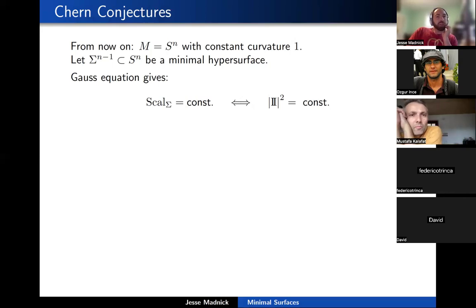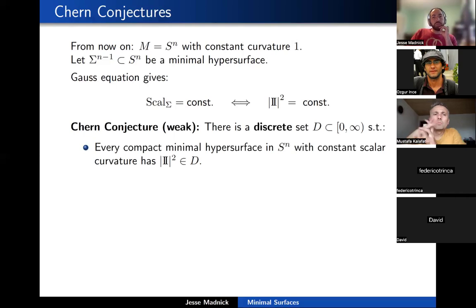So if you look at minimal hypersurfaces in the round sphere and you look at the Gauss equation, you'll notice that the condition that the scalar curvature be constant is equivalent to the condition that the square norm of the second fundamental form be constant. And so you can formulate the following conjecture about such things, about compact minimal hypersurfaces with constant scalar curvature.